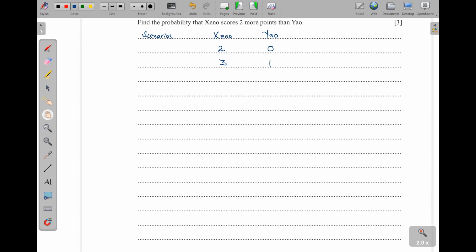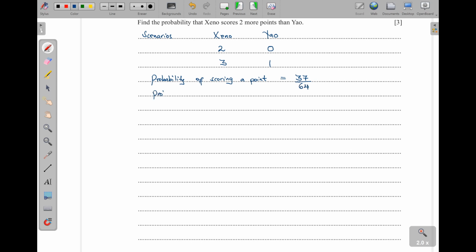Now, first of all, we know that the probability of scoring a point, that is when a 4 appears, we have seen right away in part A, it was 37 out of 64.